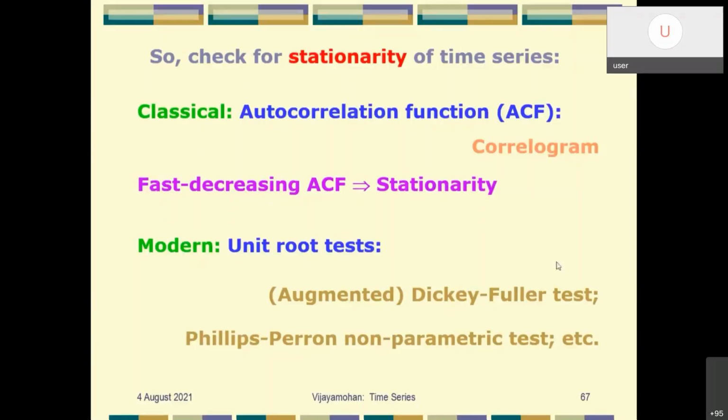We have the Dickey Fuller test or augmented Dickey Fuller test, then the Phillips Perron non-parametric test, and so on. We have a large number of unit root tests, maybe more than 100. But some of these tests are available in packages, especially the ADF. Usually we do this ADF, even though for all the tests, the power is very, very low, as expected.